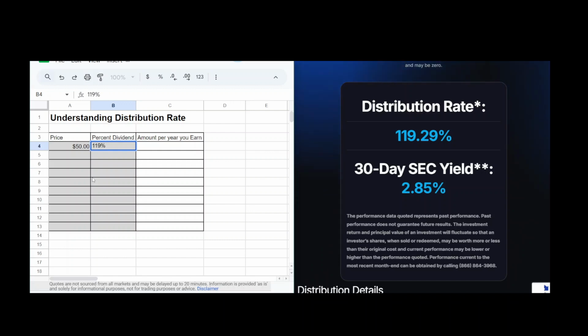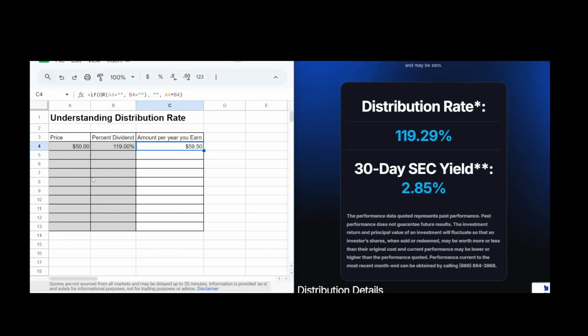So what will the amount be that you would earn per year at that rate? Well, at 119%, it's going to be $59.50. And that is the distribution that you would earn per share per year.